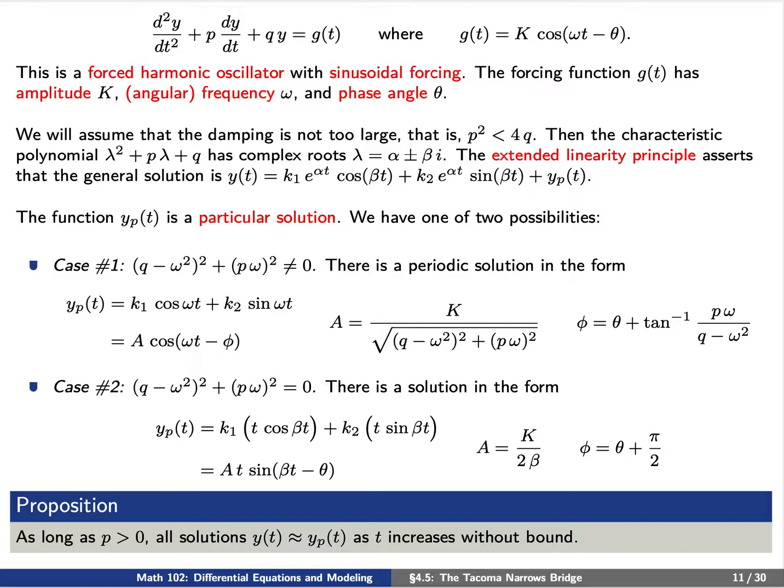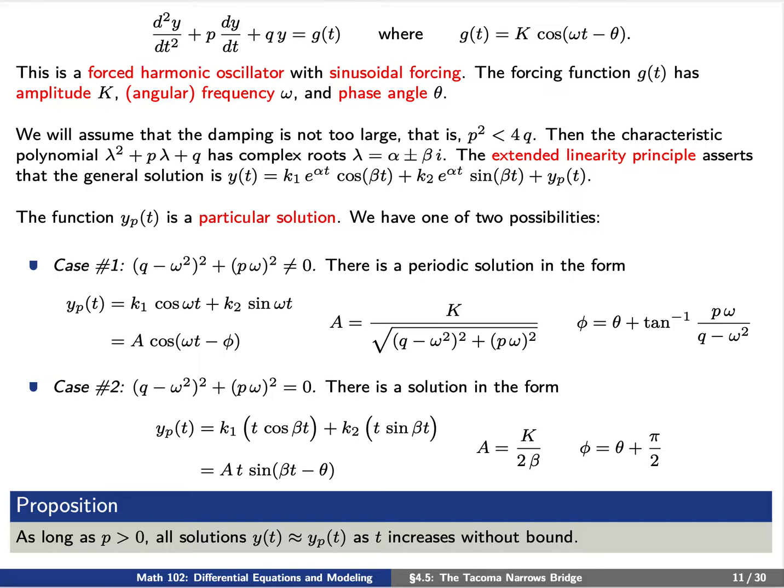The extended linearity principle asserts that the general solution is y(t) equals a constant k₁ times e^(αt) cosine βt plus a constant k₂ times e^(αt) sine βt plus a particular solution y_p(t). In order to describe the particular solution, we need to consider two cases.